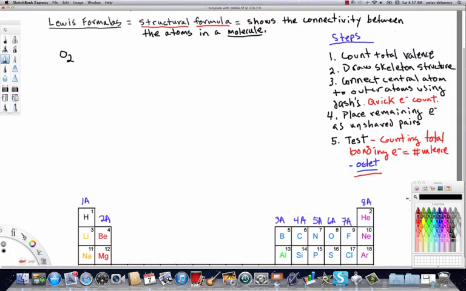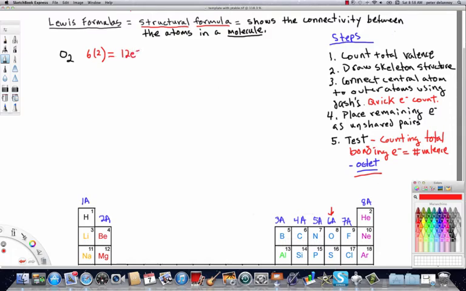So let's look at diatomic oxygen first, following the steps. Oxygen's group number is 6A, so its valence is 6, and since there are two atoms in diatomic oxygen, we're dealing with a total of 12 electrons.